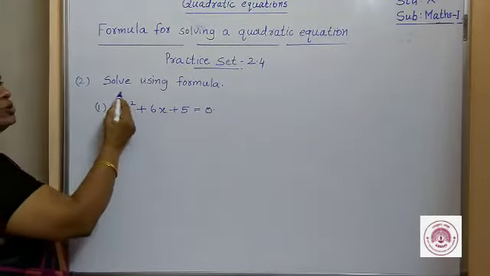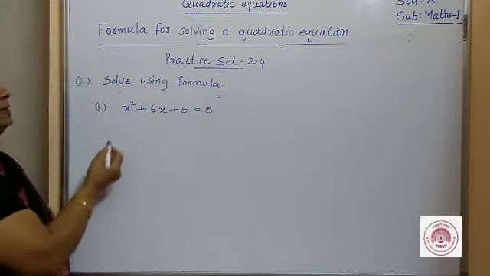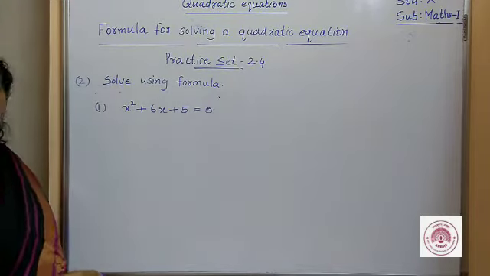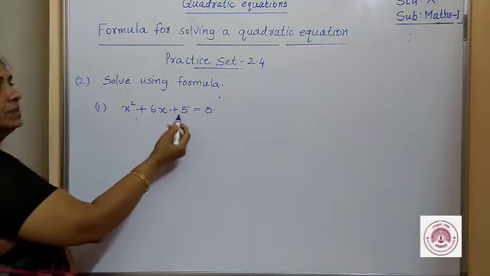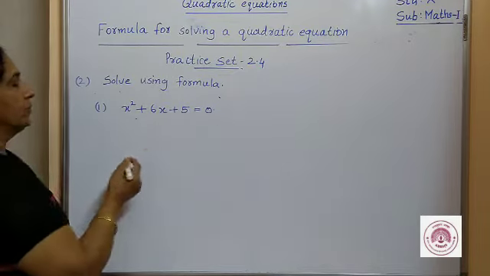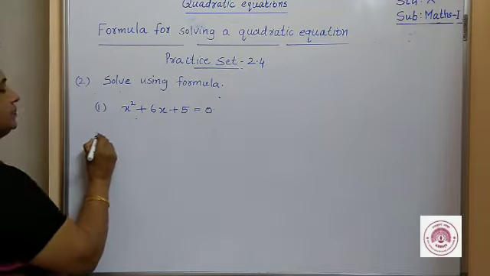Question number 2. Solve using formula. The given quadratic equation is x square plus 6x plus 5 is equal to 0. Solution.